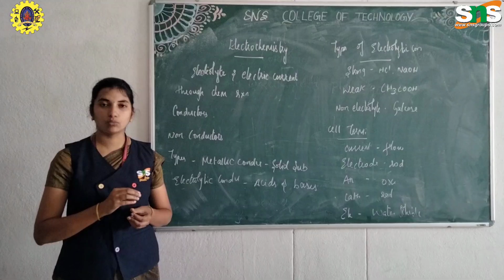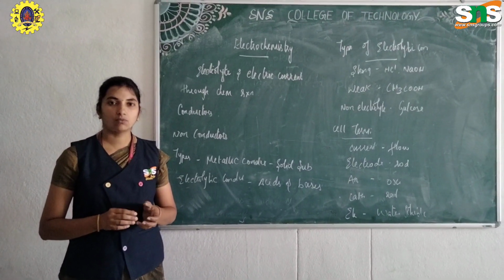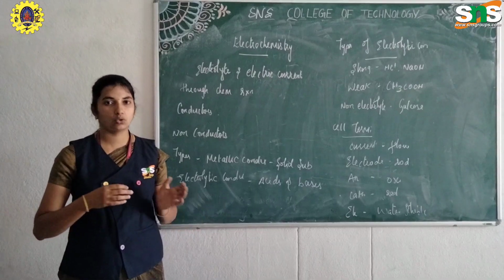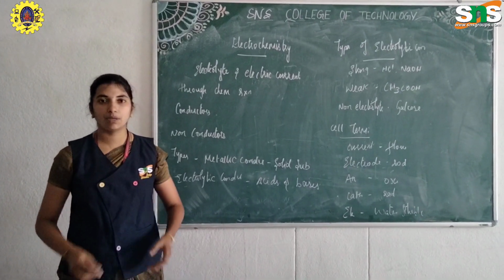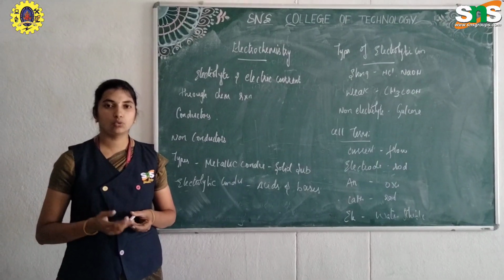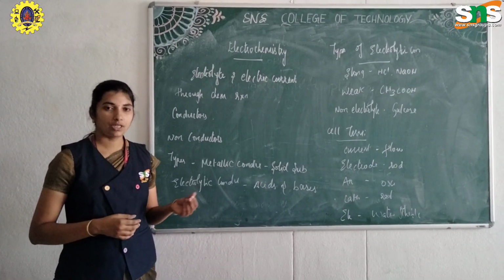Whenever the electrons move from one end to the other end by these reactions, we can convert chemical energy into electrical energy. For this we use the examples of acid and base reactions. These are the two types of conductors, one metallic and another electrolytic.